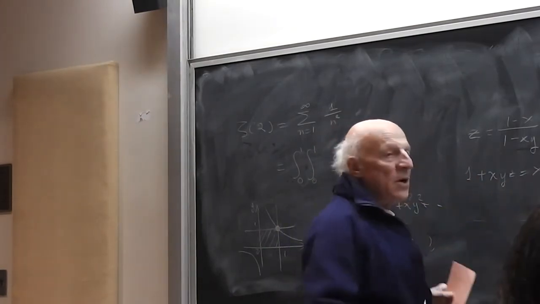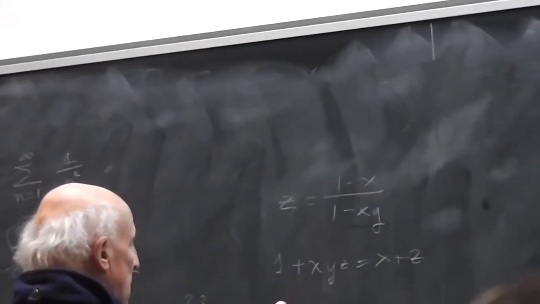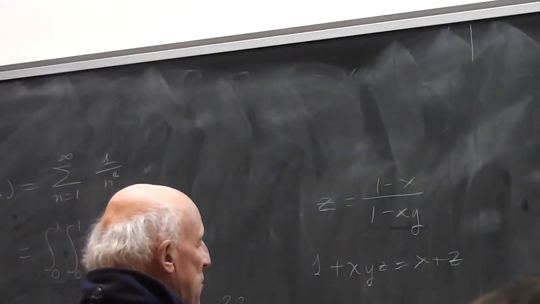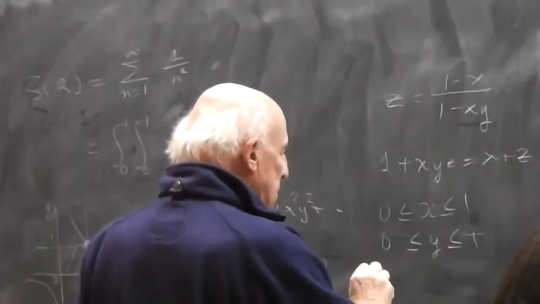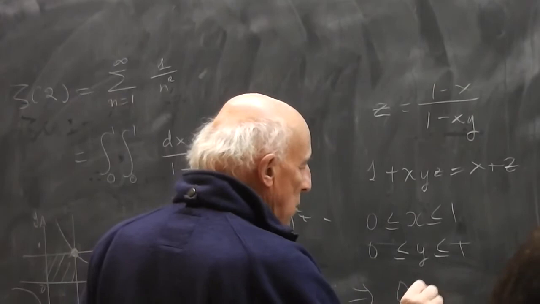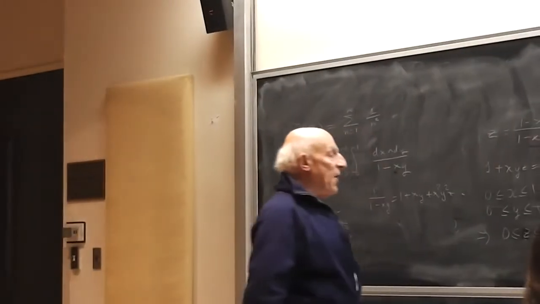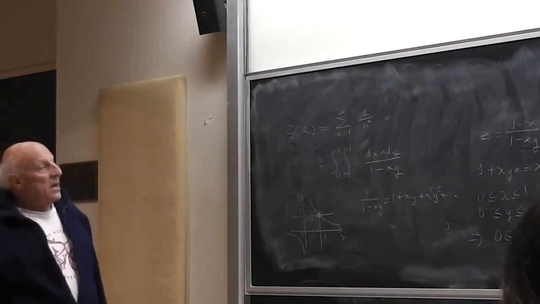So it's a polynomial equation in three-space, and the domain of integration is given by the following inequalities. You are on the surface, and x is between 0 and 1, y is between 0 and 1, and consequently z is between 0 and 1. So the domain of integration is well defined by algebraic equality and inequalities.